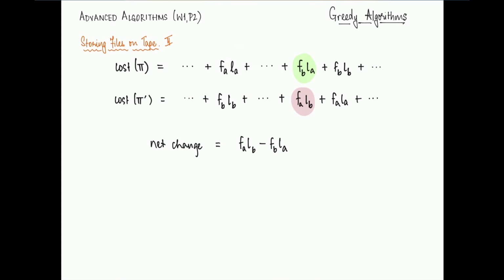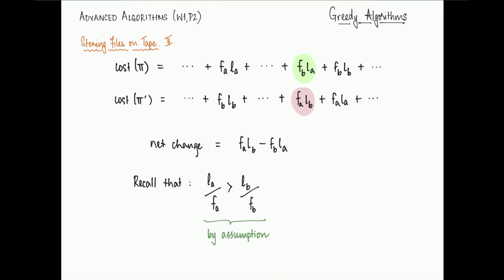Now the question in front of us is: is this a net increase or a net decrease in the cost? Of course we are hoping that this is a net decrease, because we want to establish that pi prime actually achieves a smaller cost than pi. To see this, we have to go back to what we have assumed about the ratios.